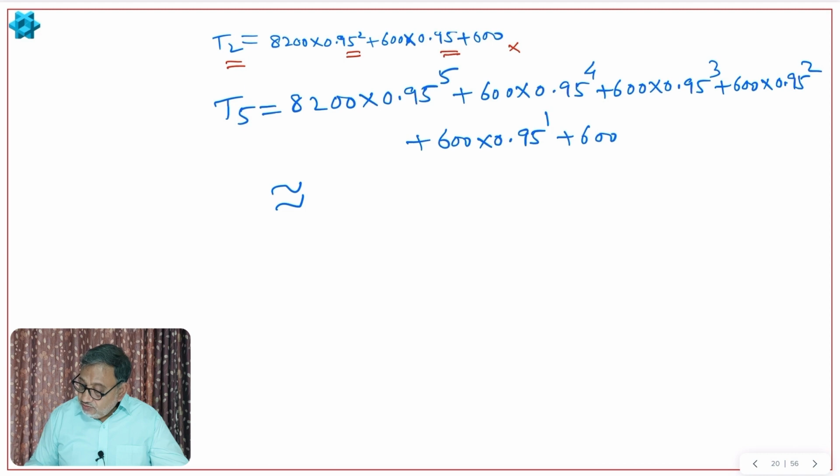So 8200 into 0.95 to the power 5 plus 600 into 0.95 to the power 4 plus 600 into 0.95 to the power 3 plus 600 into 0.95 square plus 600 into 0.95 and finally plus 600. We get 9059.6. So 9060 we can write.